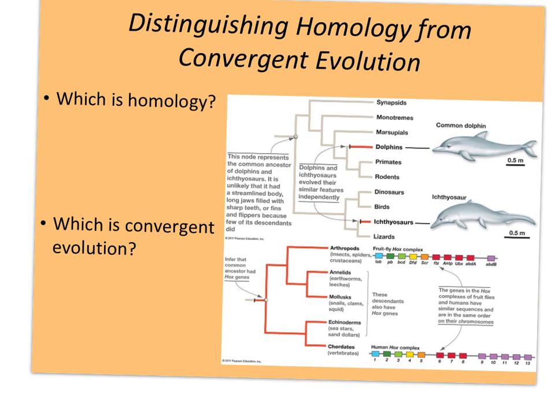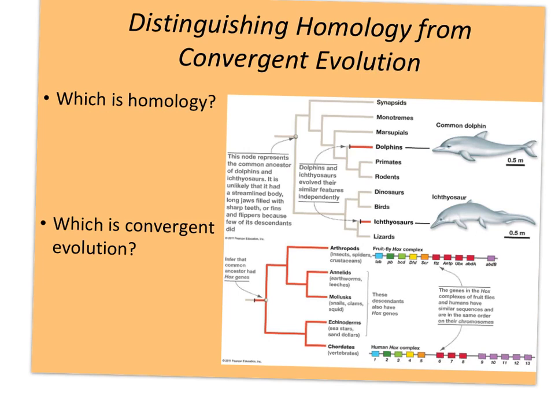If we classified dolphins and ichthyosaurs, because they look very similar, don't they? They both have a fusiform body plan, so they can move through the water. They're both top predators in the ocean. However, they developed independently.